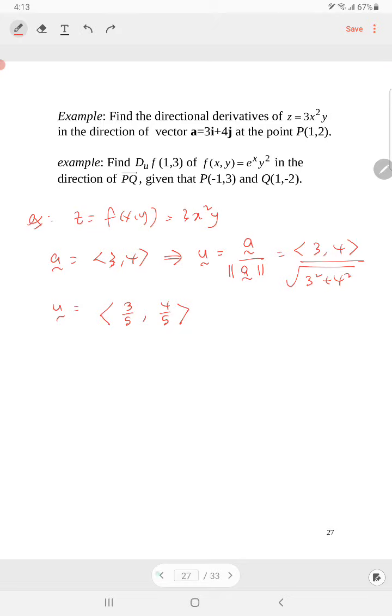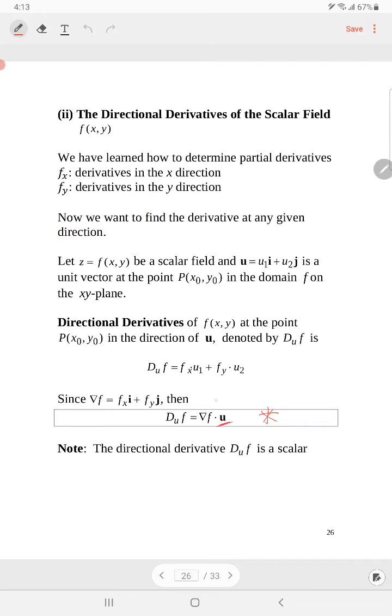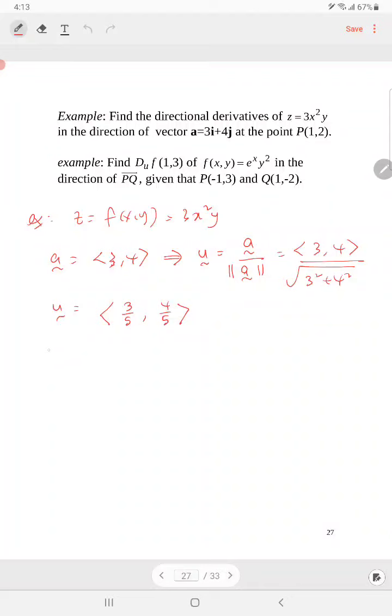Now we can use the formula, but in order to do so, we need to find the gradient of f. The gradient of f is a vector where the x component is partial f partial x, and the y component is partial f partial y.